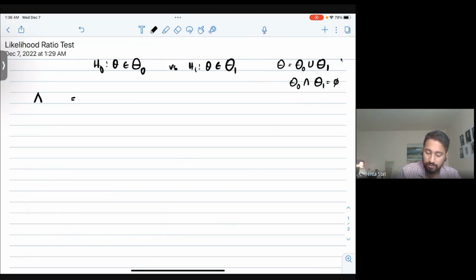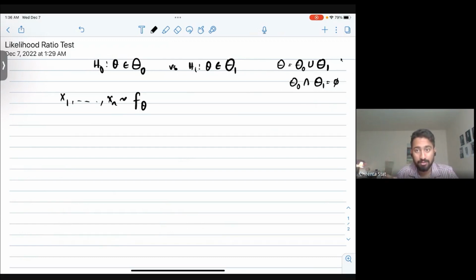So what we'll do is something interesting. We'll define the likelihood. The data X1, X2, ..., Xn follows a certain distribution with the parameter theta.